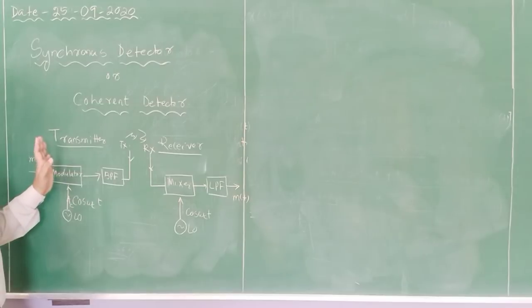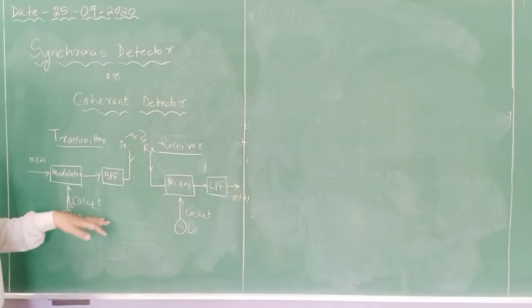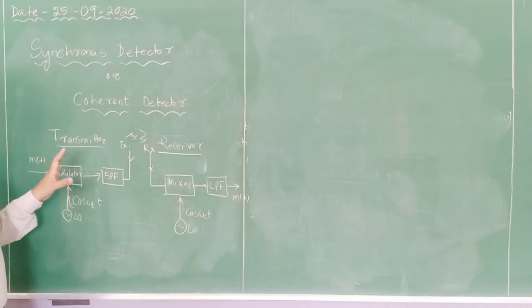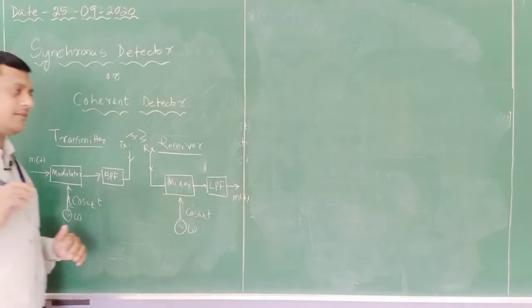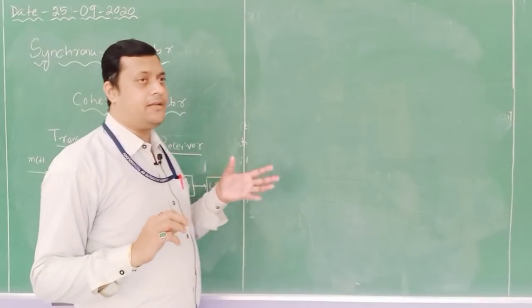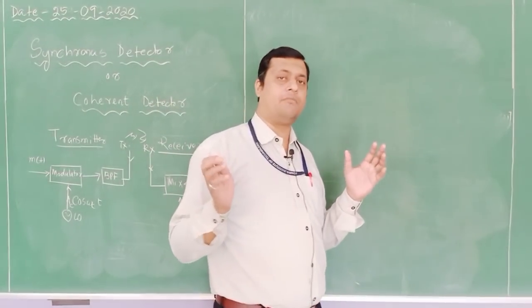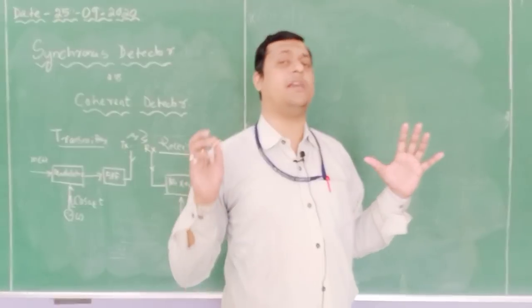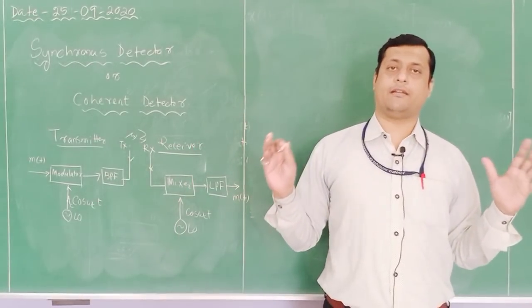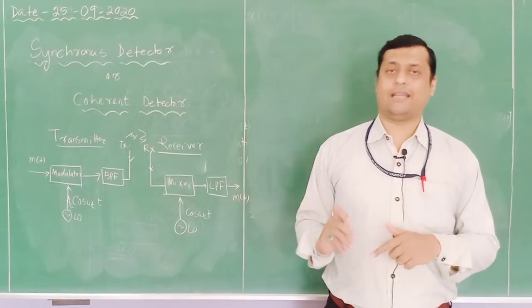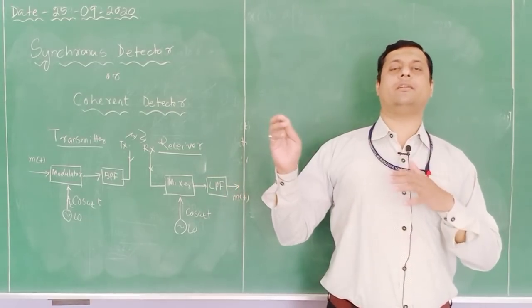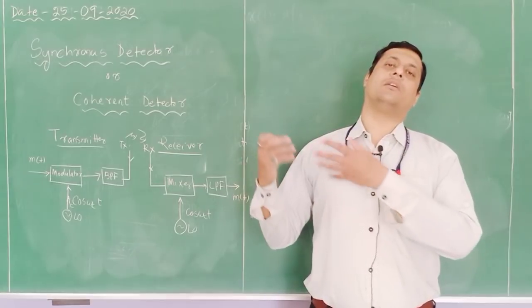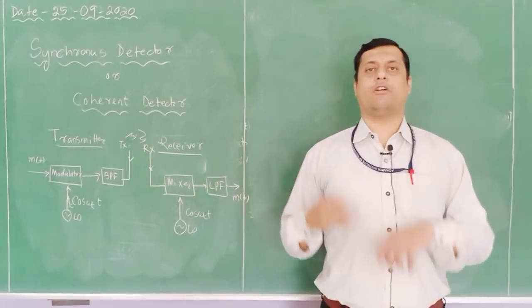For example, in TV broadcasting there is one transmitter, but there are n number of receivers. When I transmit information, I use a high carrier frequency, but that carrier frequency may not synchronize with the n receivers, because each receiver unit has its own carrier frequency to demodulate.